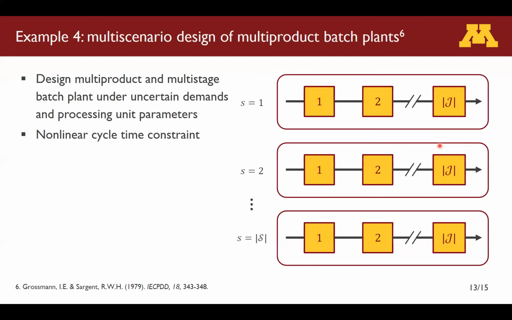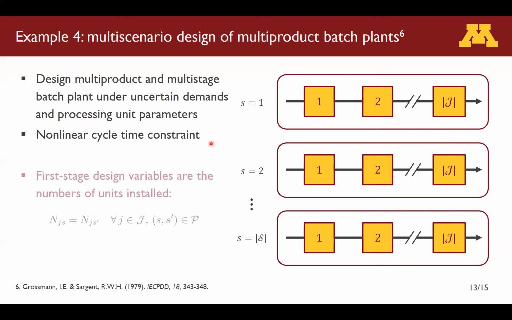Now in the last example, this is again a two-stage optimization problem. Here we consider the design of multi-product batch plants that have multiple stages, and here demands are uncertain as well as some processing unit parameters. And we have nonlinearity here because we have a cycle time constraint that's nonlinear. Similar to example 3, we have the non-anticipativity constraints that are complicating.